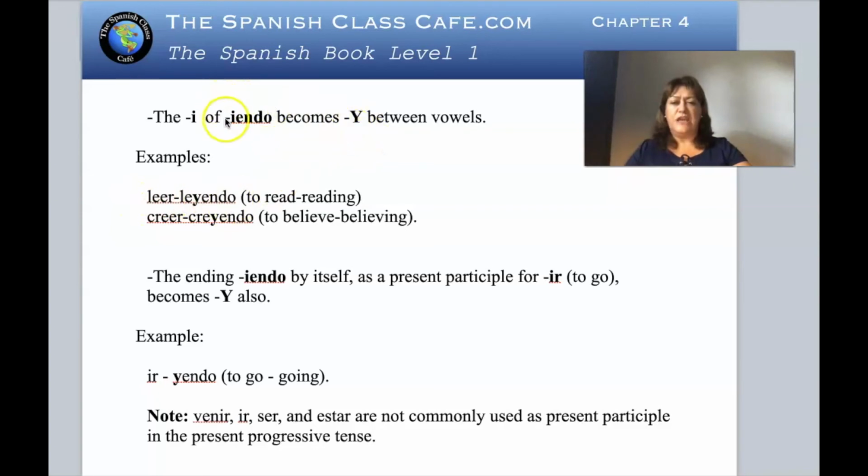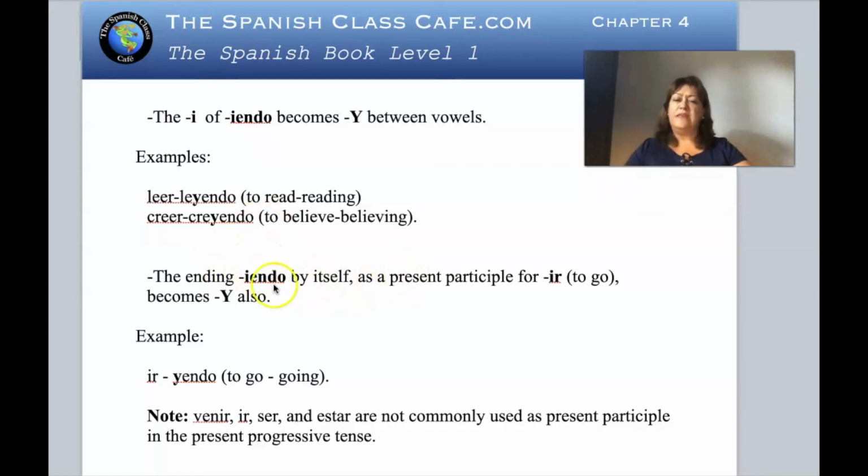We're going to change the I of iendo for a Y, and you can see it here, leer, because it would be leiendo, but we don't say leiendo, we say leyendo. Change the I for a Y when it's between vowels. And we have creer, and it becomes creyendo.